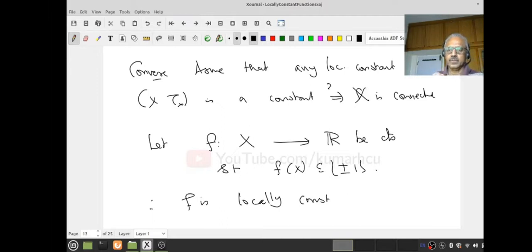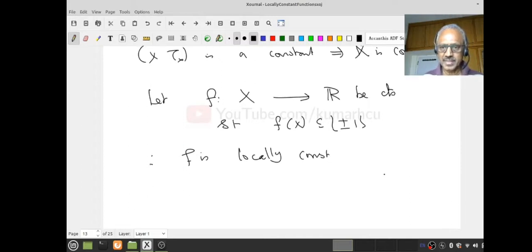So be focused. I want to prove X is connected. That means you are going to give me a function f from X to R which takes values only in the discrete set {plus or minus 1}, right? Therefore f is a continuous function from X to the discrete space, and we had already seen any continuous function into a discrete space is locally constant. Therefore in particular f is locally constant, right?